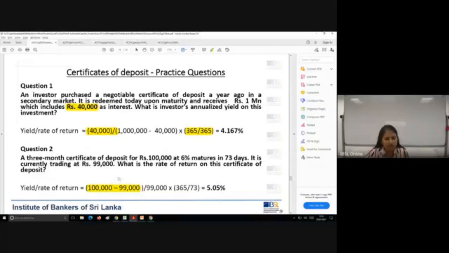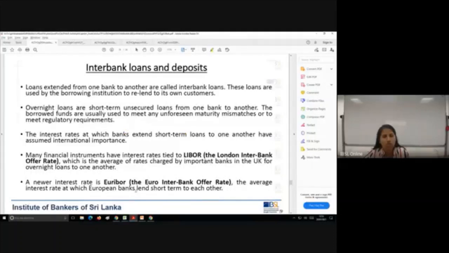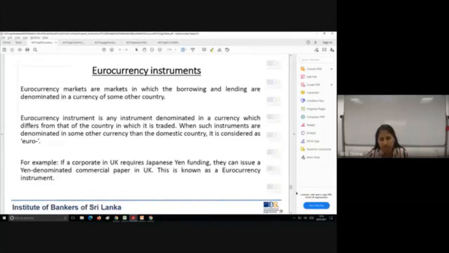You add that as well, then you divide by 99,000. That will be the annualized entire yield until the maturity. But just from the secondary market alone, from the discount, you can get 5.05%. Okay. So with that, we will conclude money market and money market instruments.